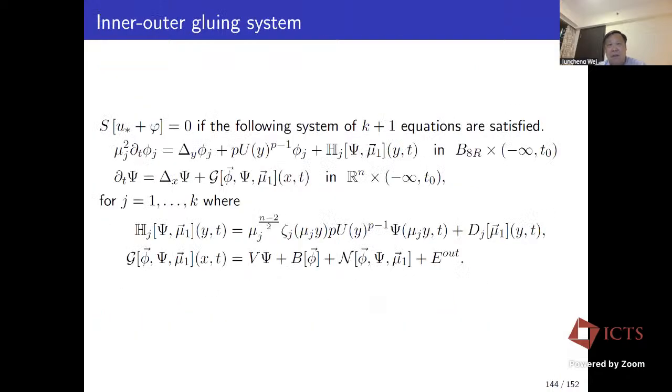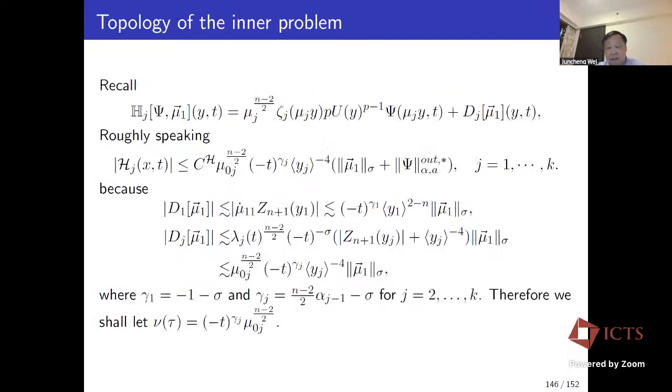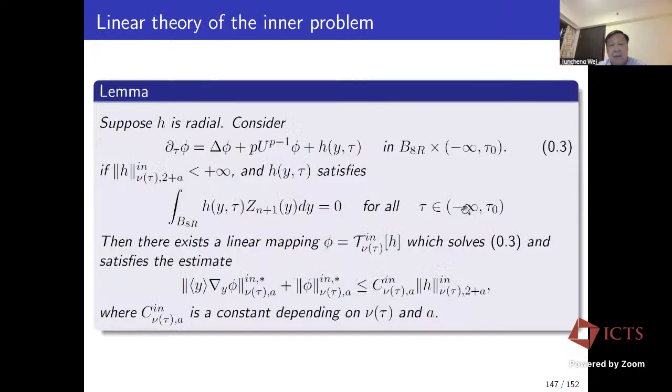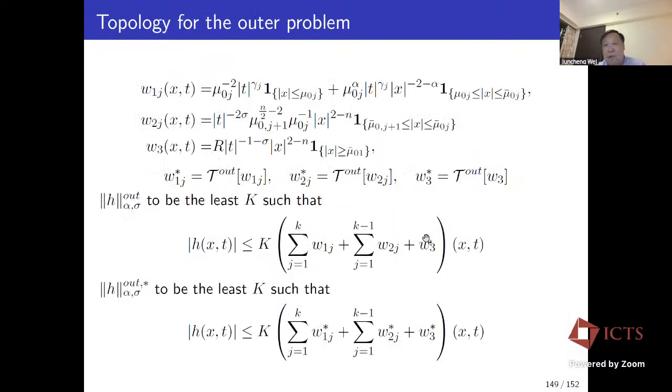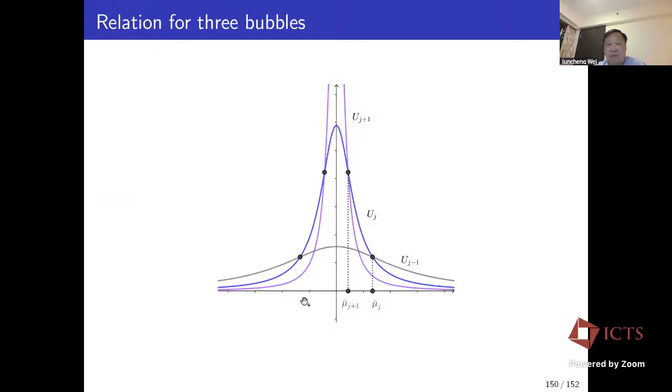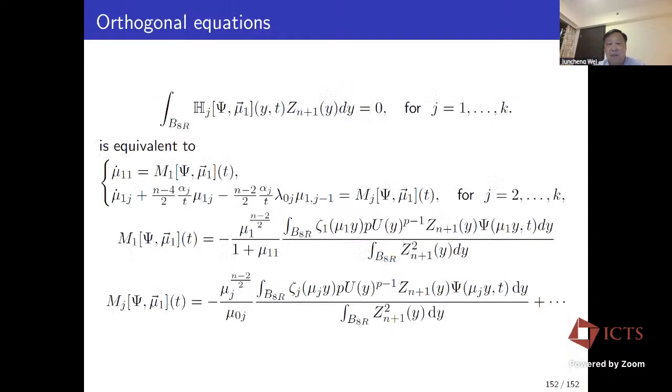This is the topology, and this is the linear theory, and this is the outer problem because we're doing the Aubin-Talenti solution. So we use Duhamel's formula to find the outer problem, and this is the topology for the outer problem and the inner problem. A lot of computations, but in the end you're going to get a system of ODEs which you can solve, and you find the solution.